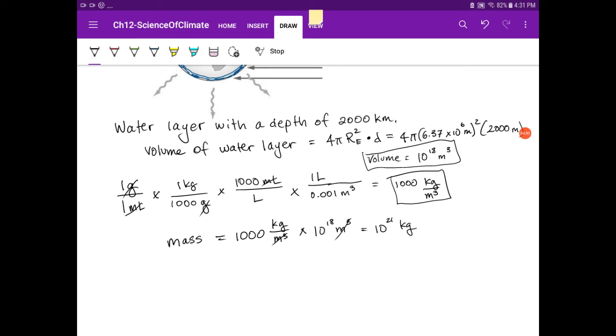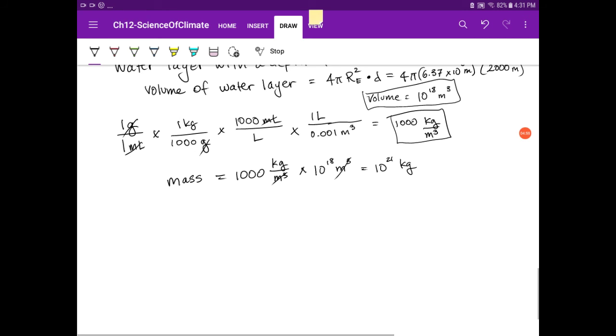So that 2,000 meter deep layer of water on the Earth corresponds to 10 to the 21 kilograms worth of water. Why do we care about that? Because if we think back to the energy required to warm water, we have this heat equation that says the mass of the water times the specific heat, or the heat capacity, times the change in temperature is the energy to change the temperature of water.